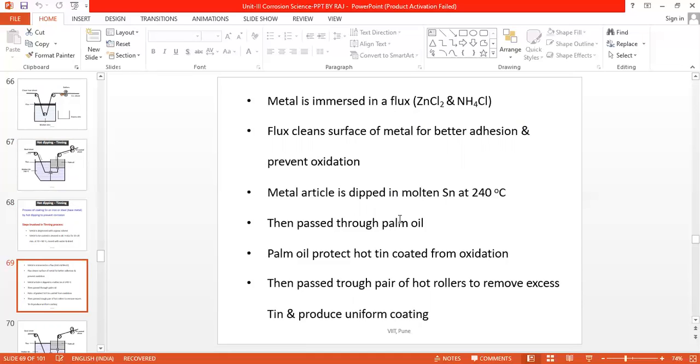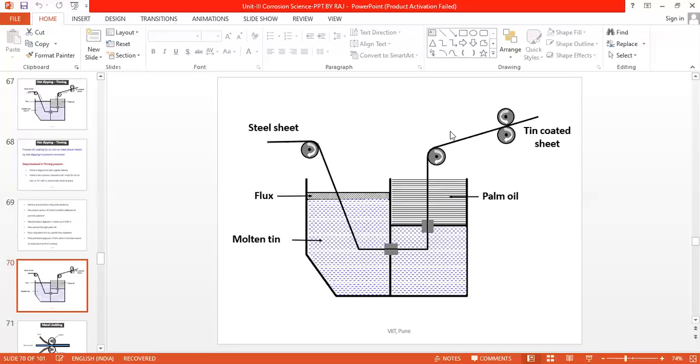Palm oil protects the hot tin coating from oxidation, then it passes through a pair of hot rollers to remove excess tin and produce a uniform coating. Again, here the same diagram is given for revision.